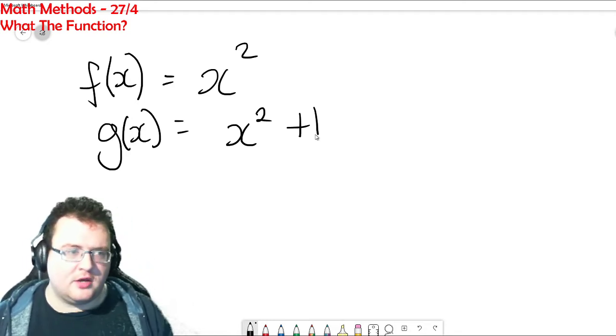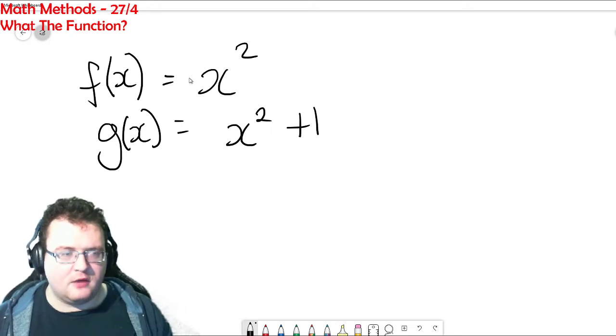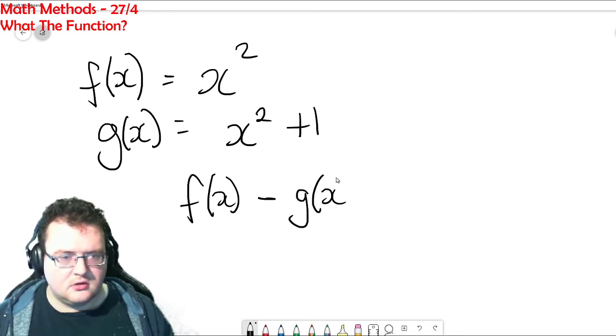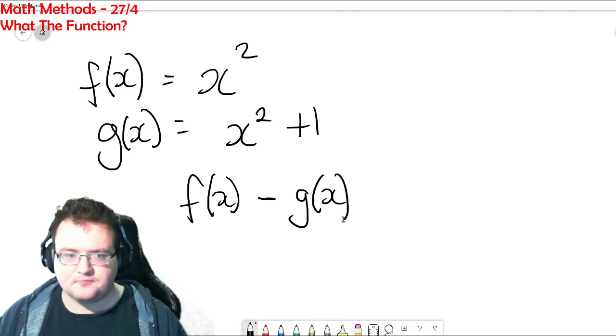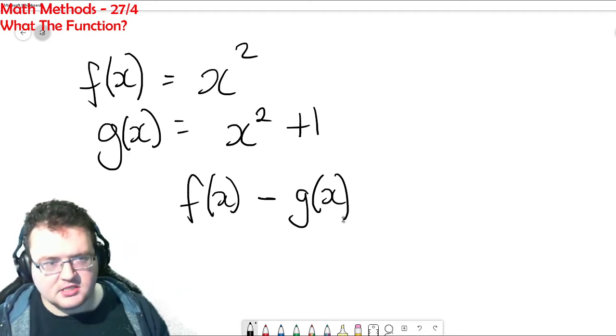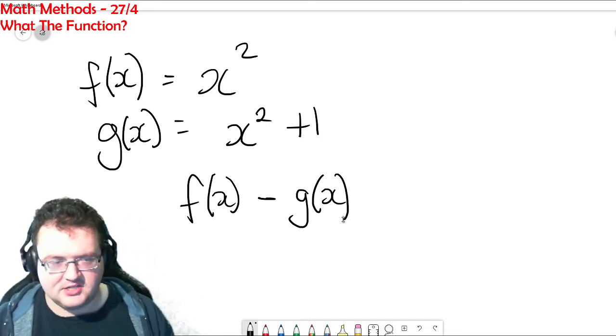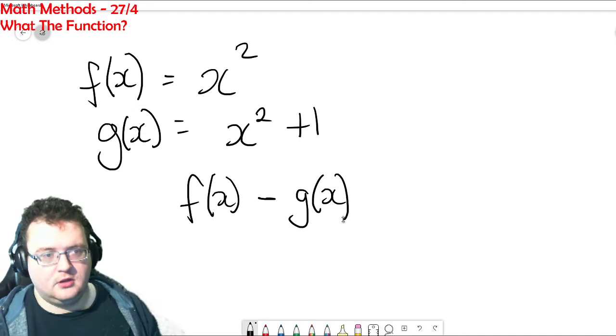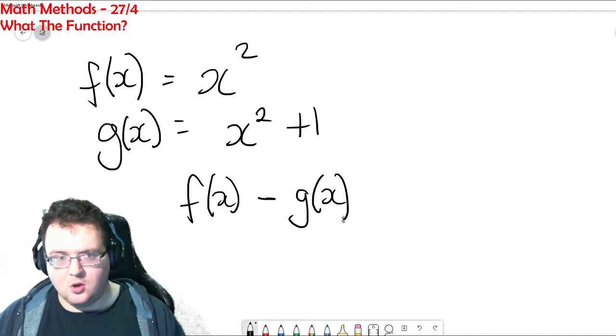All right, and what I can then do is say, okay, well, what is f of x minus g of x? What is f of x minus g of x? Now, a reminder, that is all of g of x. What might the answer be?